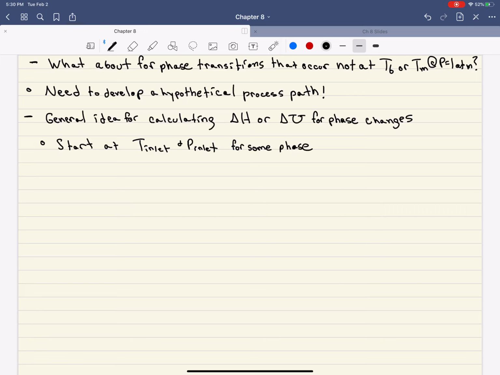Okay? And so the next thing you would do is you would calculate the delta H change from T inlet and P inlet to whatever the temperature and pressure are for the tabulated latent heat.